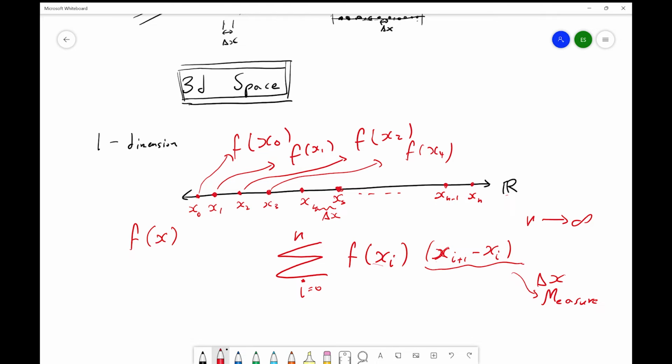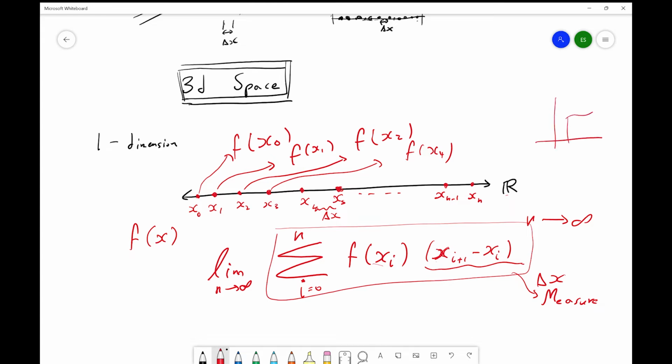Somehow this thing reaches a limit, right? As n goes to infinity, this reaches a definite number, which is the area under the curve of the function. If you draw the function like that, it turns out to be the area under the curve, right?